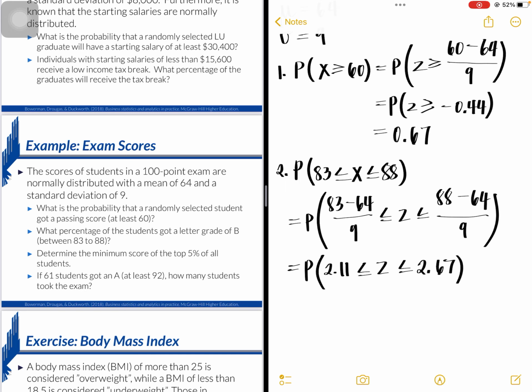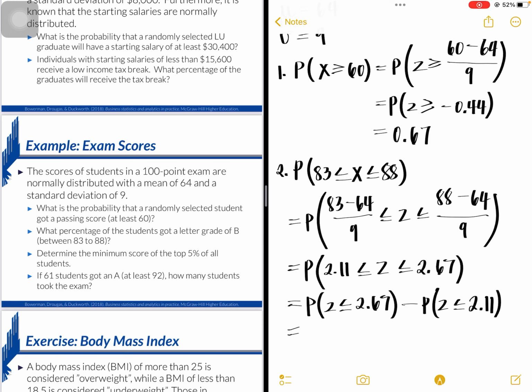So again, using the standard normal table, you can first try to look for the area to the left of 2.67 and subtract the area to the left of 2.11, so that we will get their area in between.